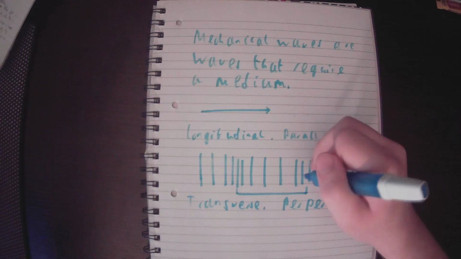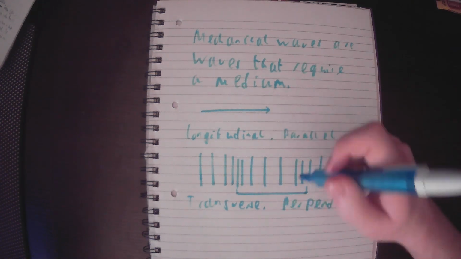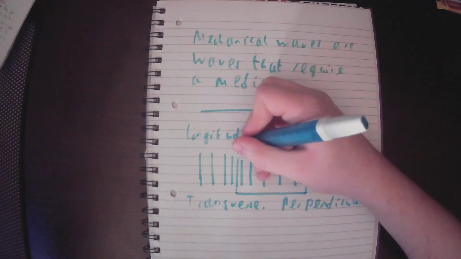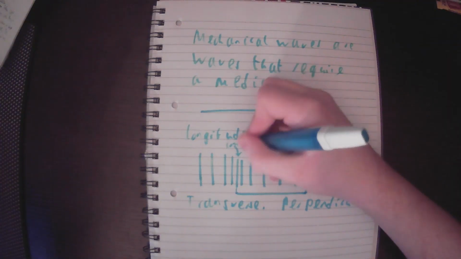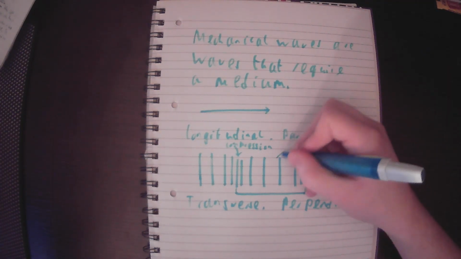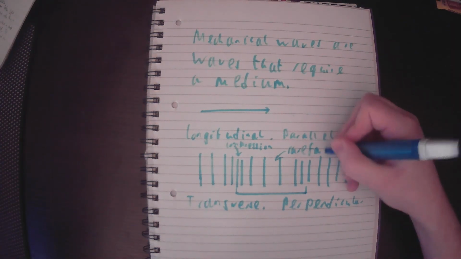So from a compression, which is an area of high pressure, to another adjacent compression. If I just label that for you, we have a compression and we have a rarefaction.